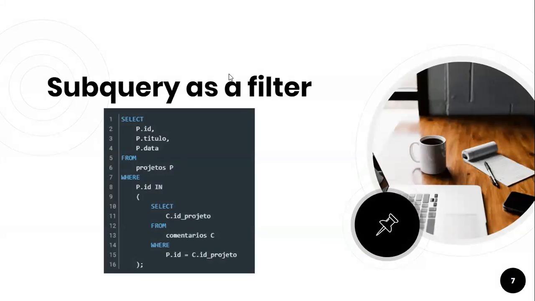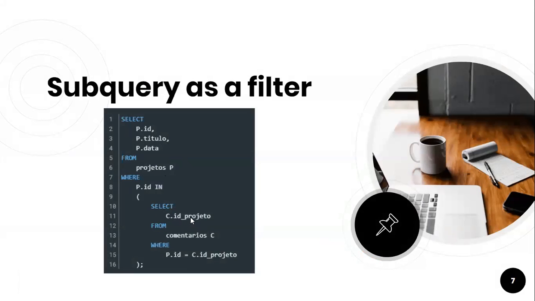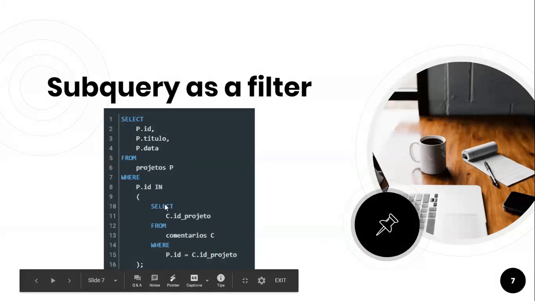The other one is a subquery as a filter. So we have here the query and we have a subquery here. This subquery selects a list of IDs of a project and then it is filtering with this ID.